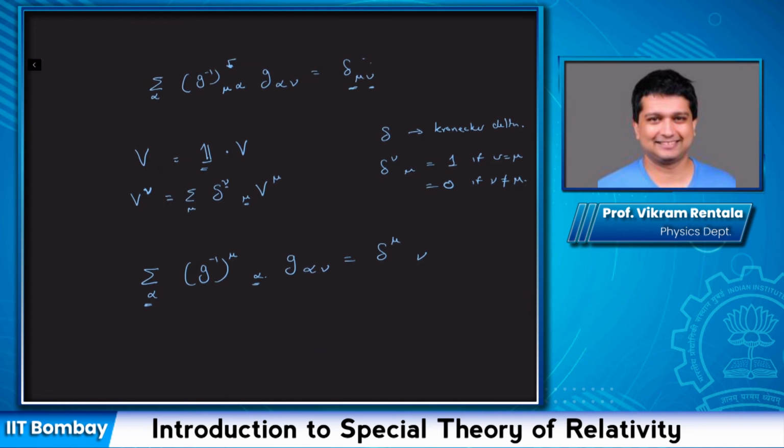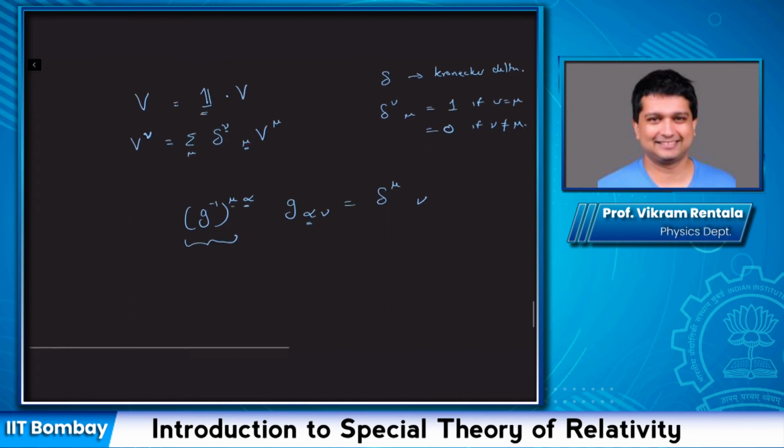So the index alpha should be raised so that now we have a repeated upper and lower index, and we can drop the implicit summation. So when we do this now, we find that G inverse has both upper indices.